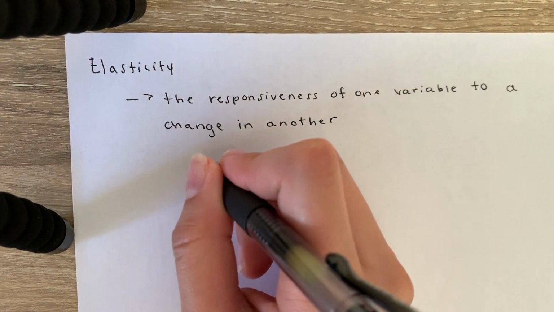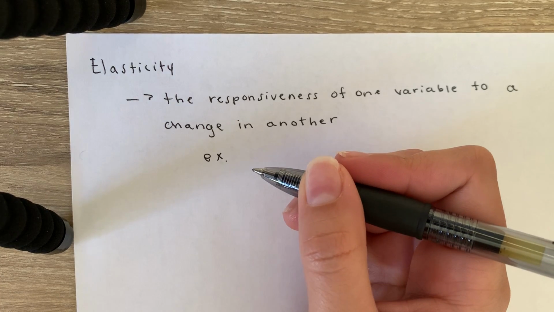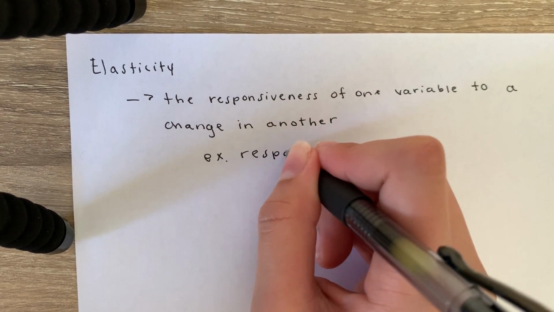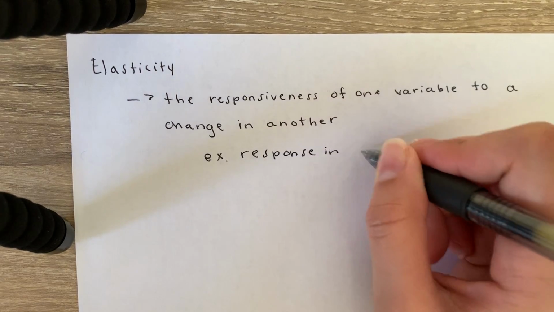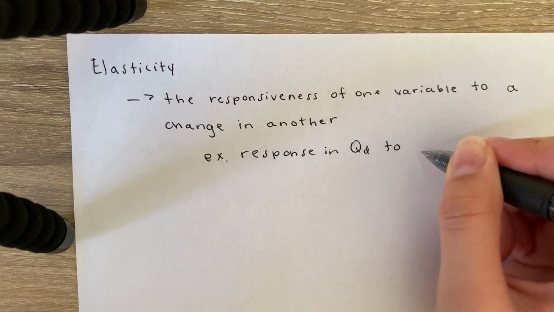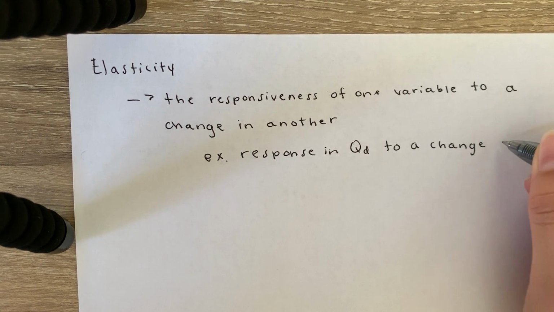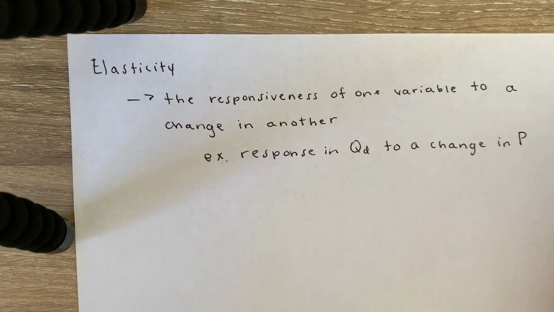So for example, we're going to see with the price elasticity of demand, this is the response in QD to a change in P. It's the response in quantity demanded to a change in the price.